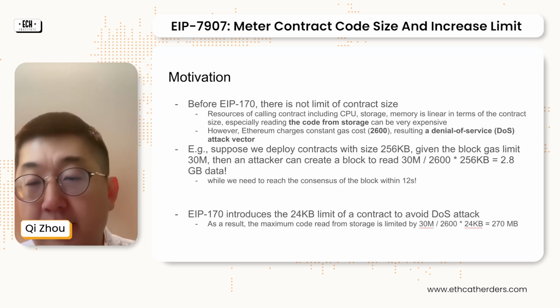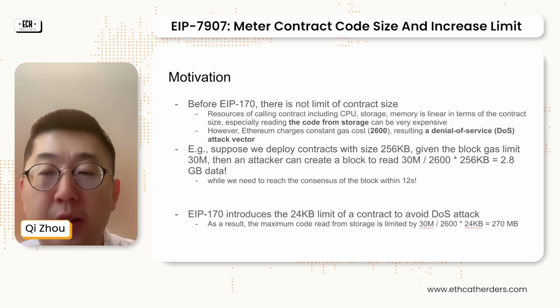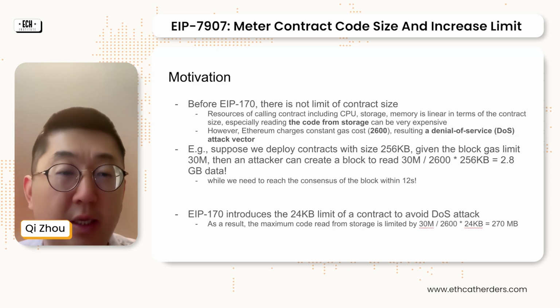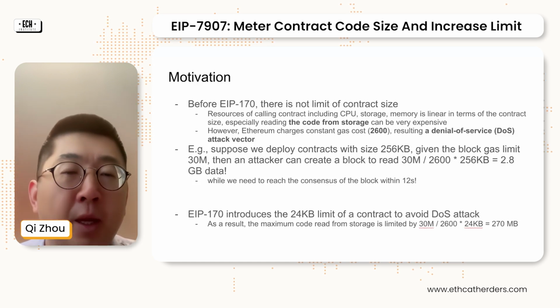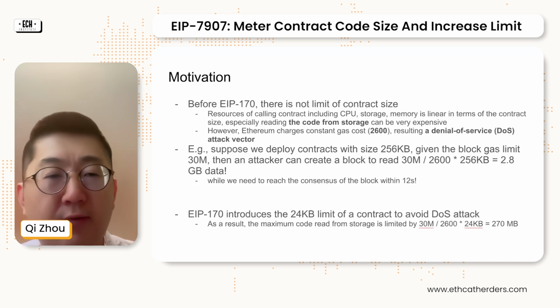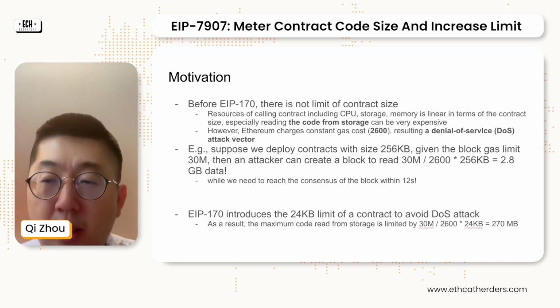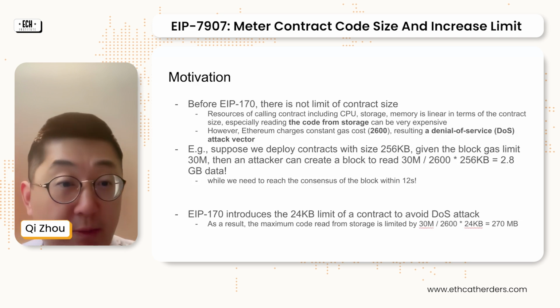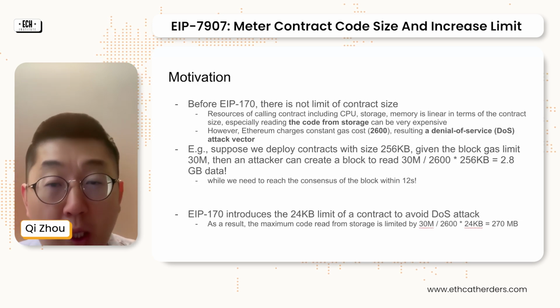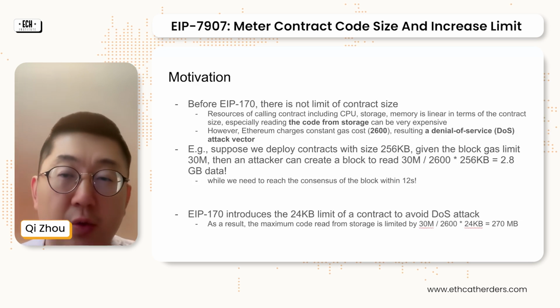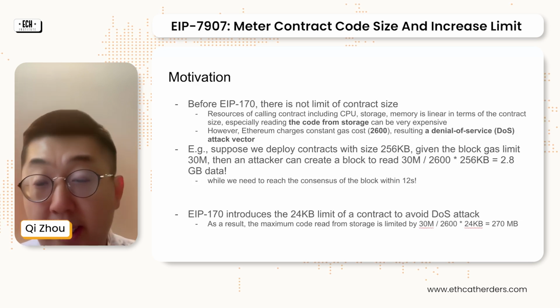That will make an EVM client read all this contract data, which will take up to 2.6 gigabytes of data. Right now, on a commodity PC, an SSD can only offer about hundreds of megabytes of sequential reading. Which means that it will take a couple of seconds or maybe 10 seconds to read all this contract data.